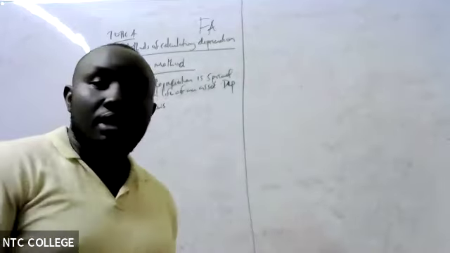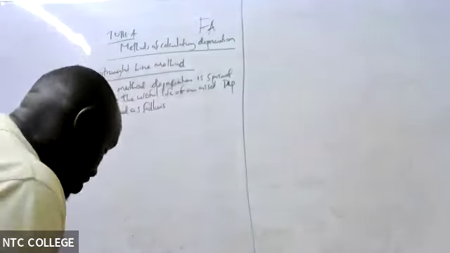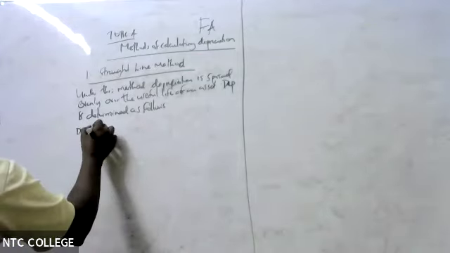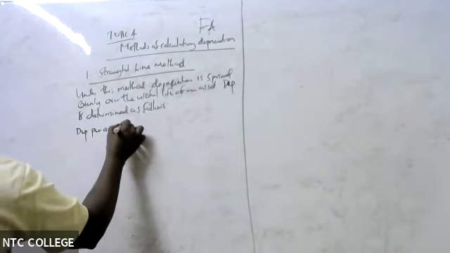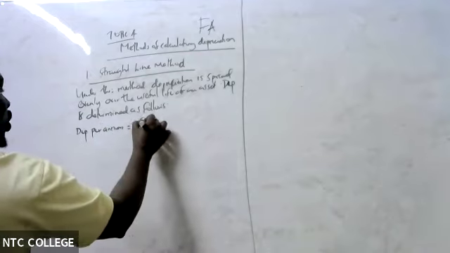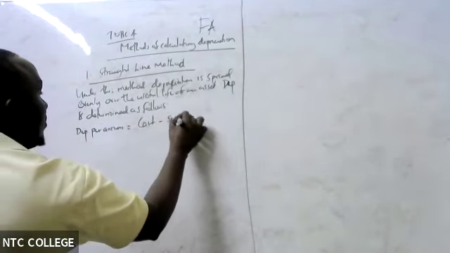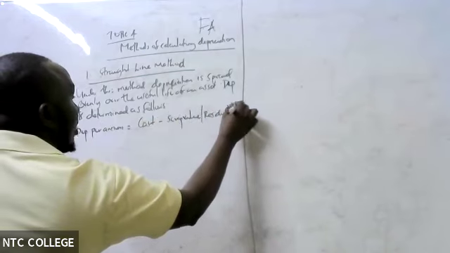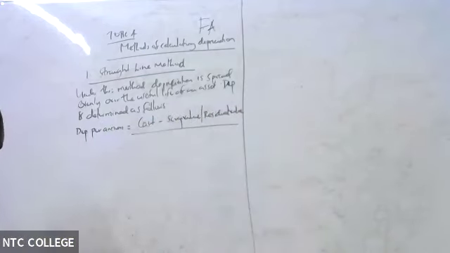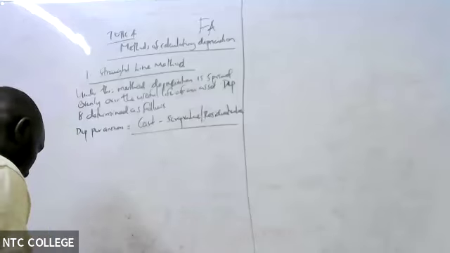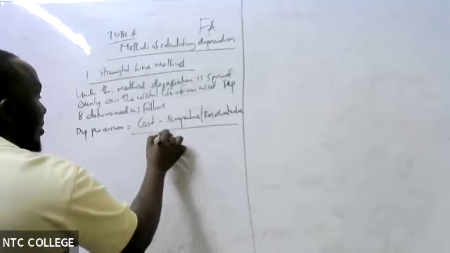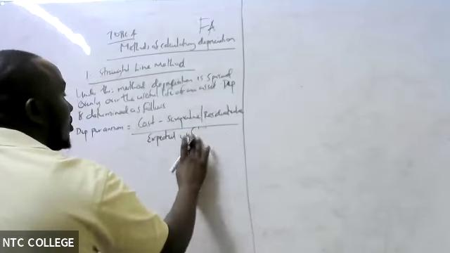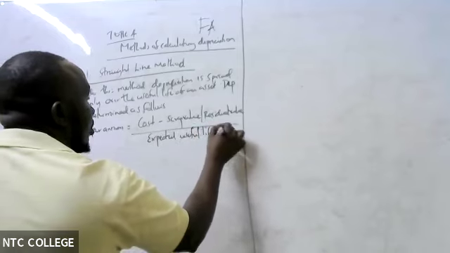Using the straight line method, depreciation per annum should be equal to the cost minus scrap value, so what you call the residual value, over the expected useful life of an asset.